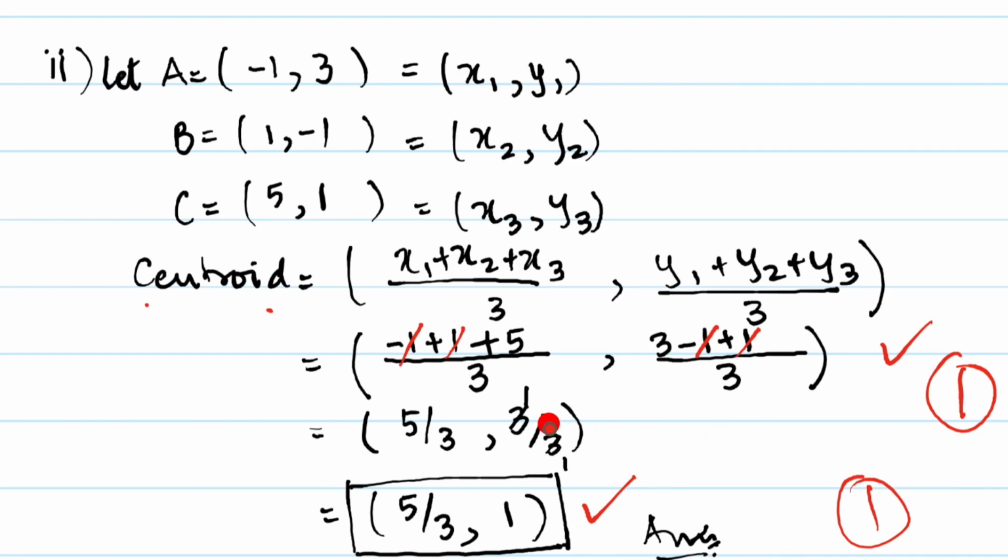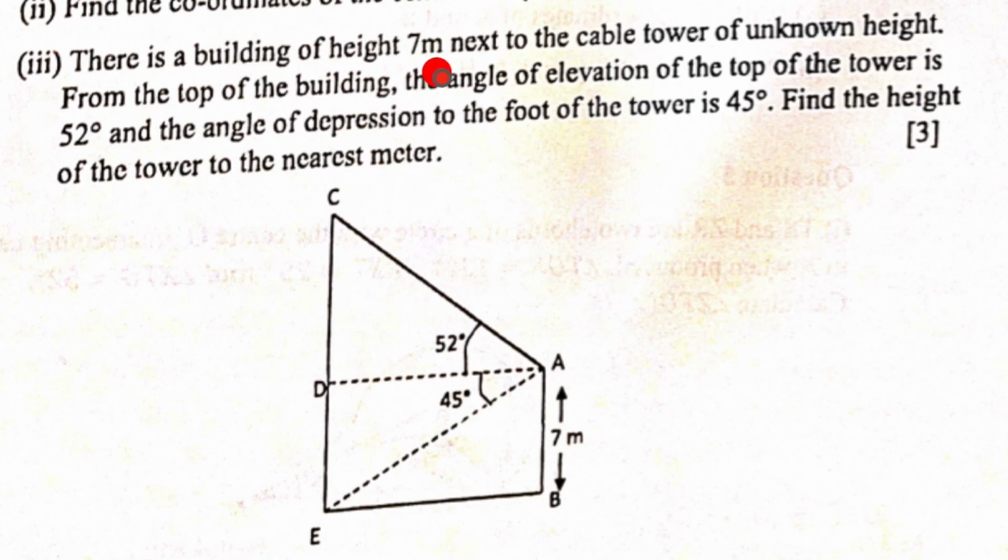So let's come to the third subpart. There's a building of height 7 meters next to the cable tower of unknown height. From the top of the building, the angle of elevation of the top of the tower is 52 degrees. So we can see this one is the building and this is the tower, and the angle of elevation is 52.